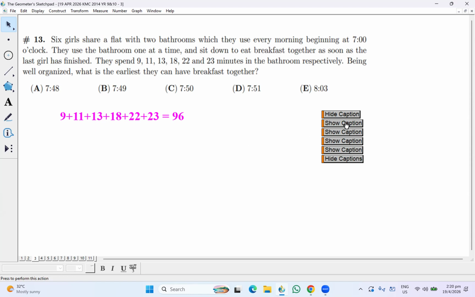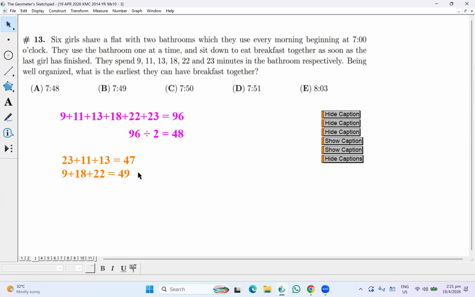So we choose the sum nearest to 48. We notice that 23 plus 11 plus 13 is 47. Then 18 plus 22 plus 9 is 49. So these two have the times nearest to half of 96.